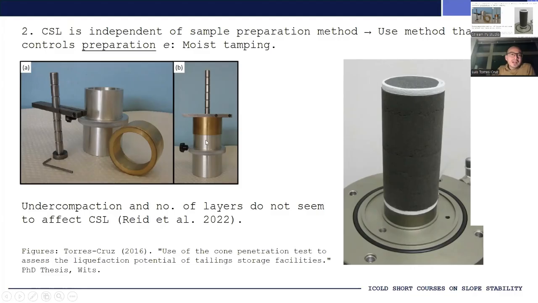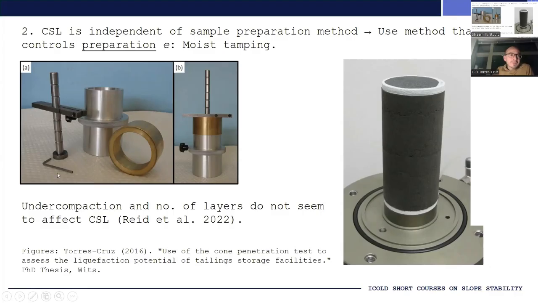So setting up for careful execution of moist tamping does require investing a little bit in time and machining a few tools that will allow you to carefully control the height of the different layers that you're going to moist tamp.